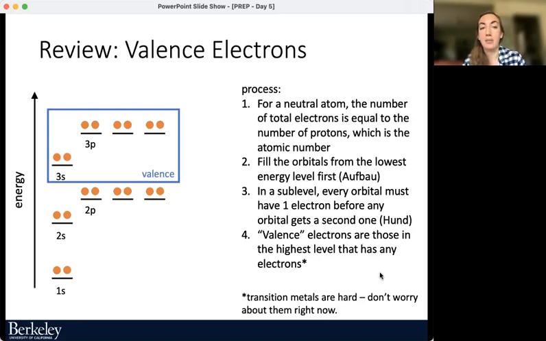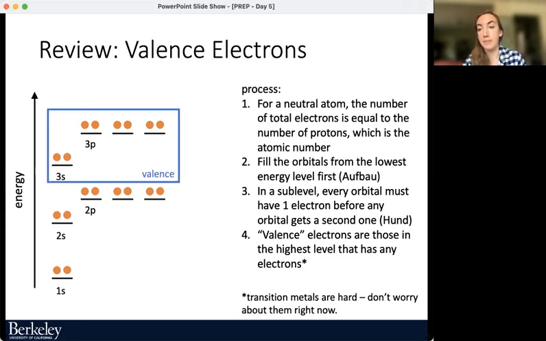So does anybody have any questions on how to count valence electrons? You guys did a really good job on this on the problem sets that were submitted, so I think people are generally feeling okay about it. But counting those valence electrons is going to be really important. I have a question about core electrons. Yep. So is any electron that's not a valence electron a core electron?